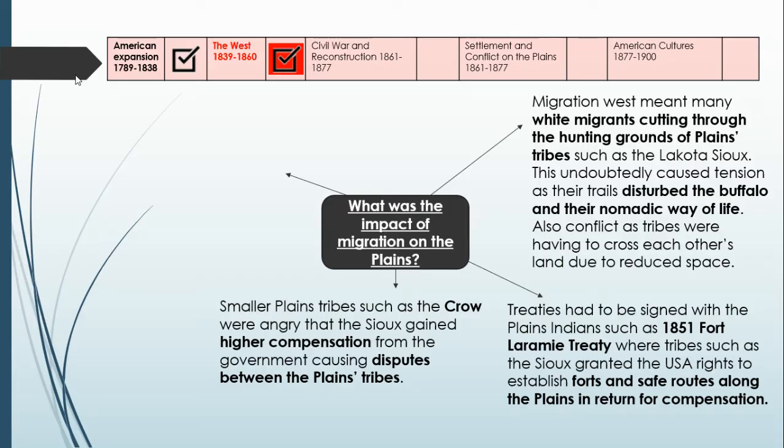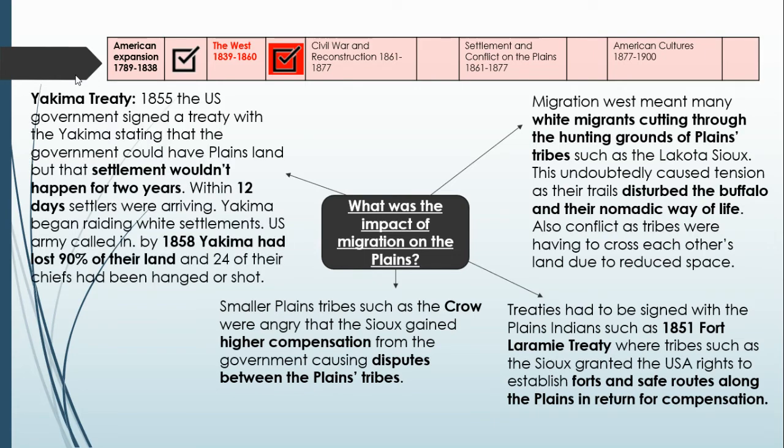It wasn't just causing conflict between white Americans and natives, it was creating tension between natives and natives. Perhaps there was a thought there that they would get angry at each other and they would fight one another, which was basically getting rid of a problem for the white Americans. So there was competition between natives, smaller tribes and bigger tribes on the plains as well.